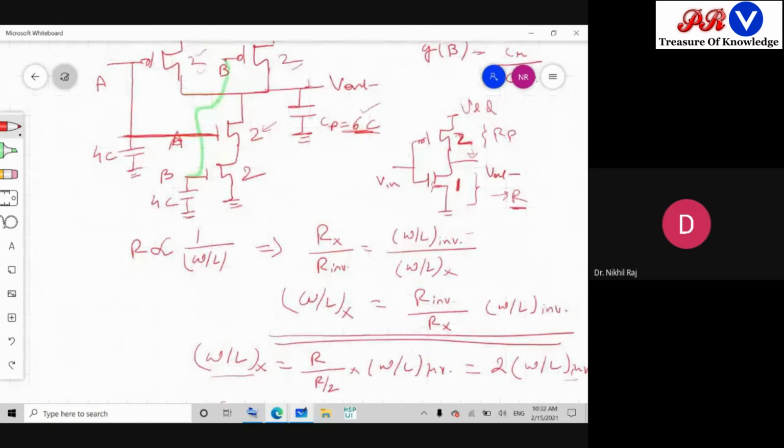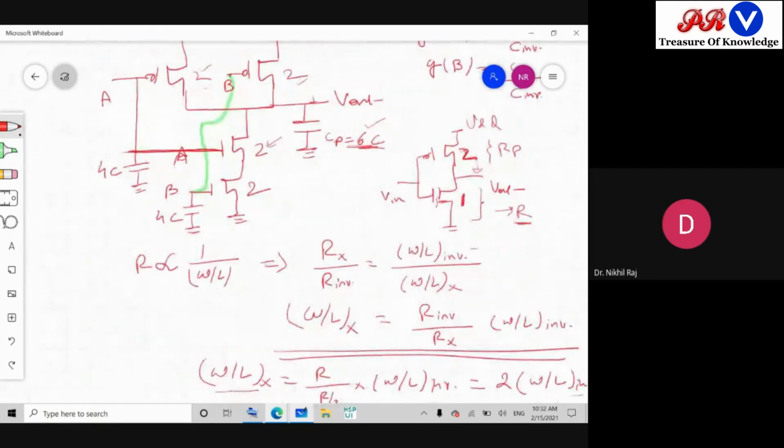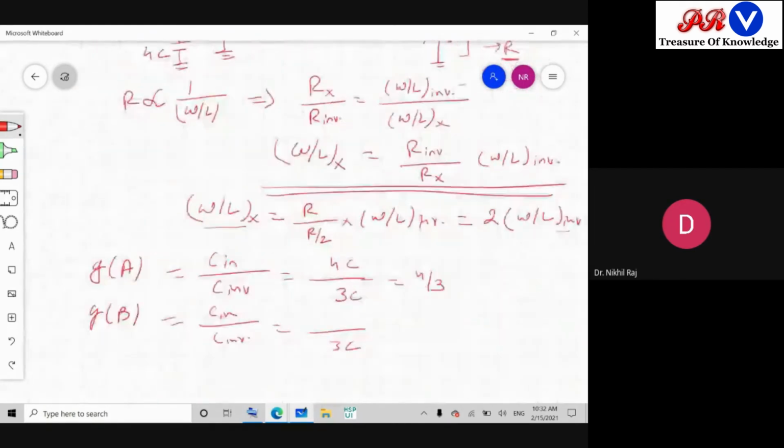So I will place here 4C, and I get the ratio of 4 by 3. So this is G of A. What will be G of B? Again, we have done it with respect to 3C, and the input capacitance I have seen at node B is 4C. So I will write here 4C, and I get the ratio of 4 by 3.